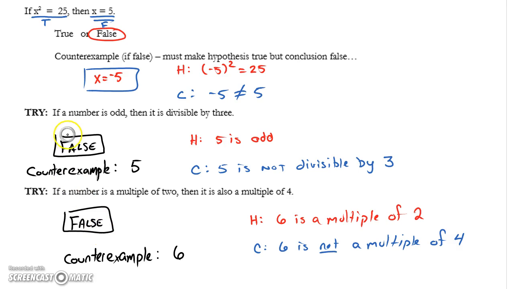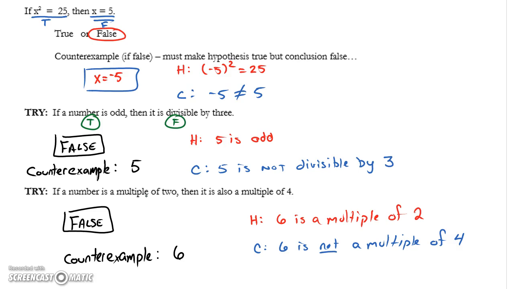In the first one, 5 is odd, so it makes my hypothesis true. The number is odd. But it's not divisible by 3, which makes my conclusion false. True hypothesis, false conclusion means the false conditional statement, providing 5 as the counterexample. 7 would be another counterexample, so there's multiple examples in this case.